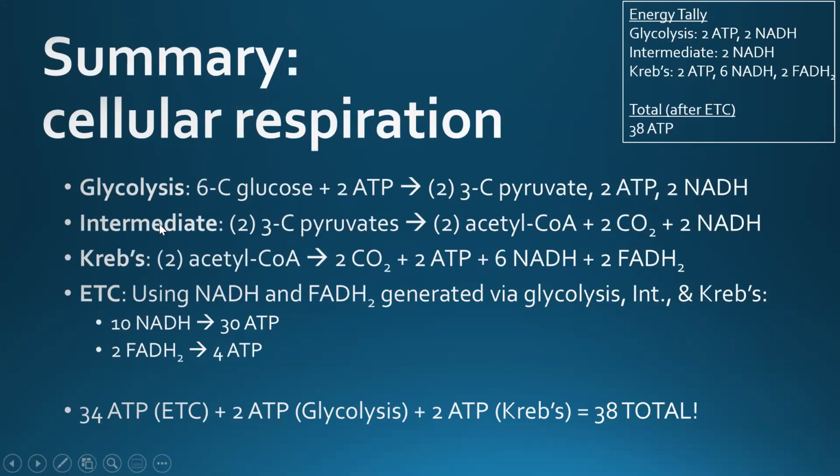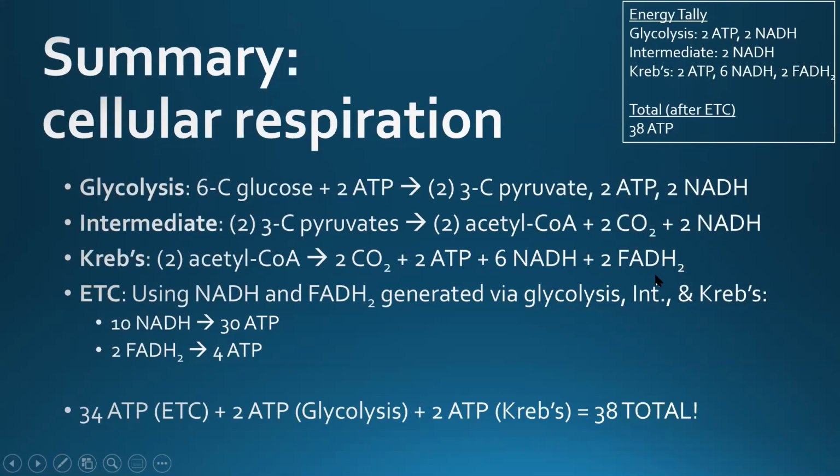The intermediate or pyruvate oxidation stage, you take 2 3-carbon pyruvates and you convert them to 2 acetyl-CoA molecules plus 2 carbon dioxide plus 2 NADH. The Krebs cycle, the 2 acetyl-CoA produced from the pyruvate oxidation will go into the Krebs cycle. You'll produce 2 carbon dioxide, 2 ATP molecules, 6 NADH, and 2 FADH2s.